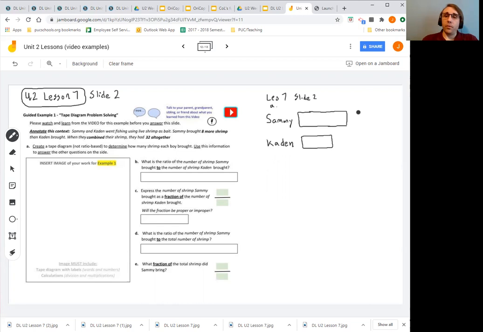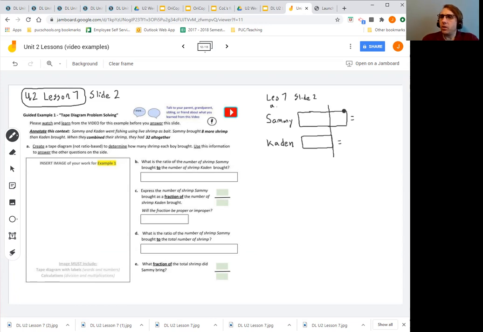What we do know is that if you cut this off, what's on the left shows what they share in terms of the same number, not like sharing, like combining, but Sammy's number and Caden's number would be the same up until this point. And then Sammy's number increases by a certain amount for his total, which is more than Caden's total. So we don't know either of the totals, but we do know that Sammy has some extra.